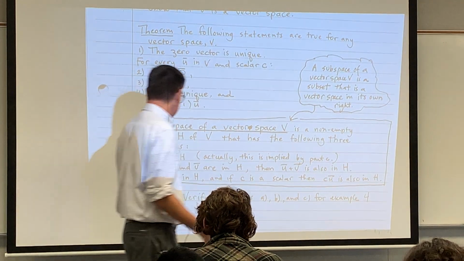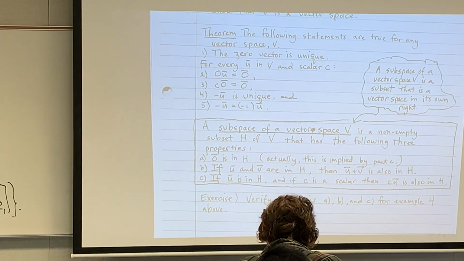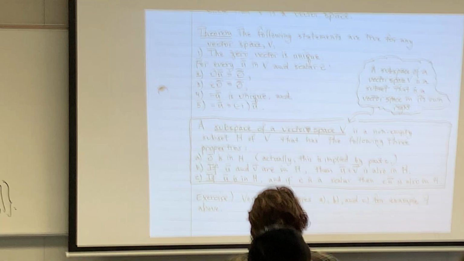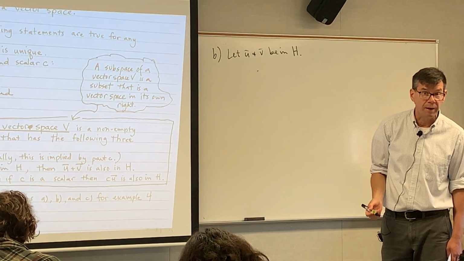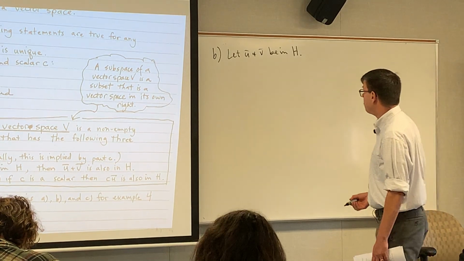Property B, let U and V be in H. We've got to show that U plus V is in H. So we need some way of writing this down. We need to introduce a little bit of notation.